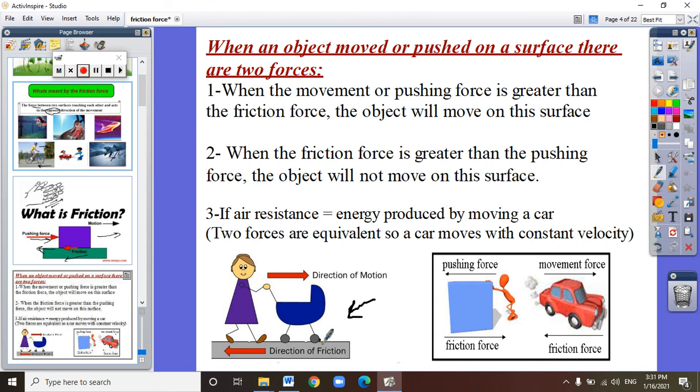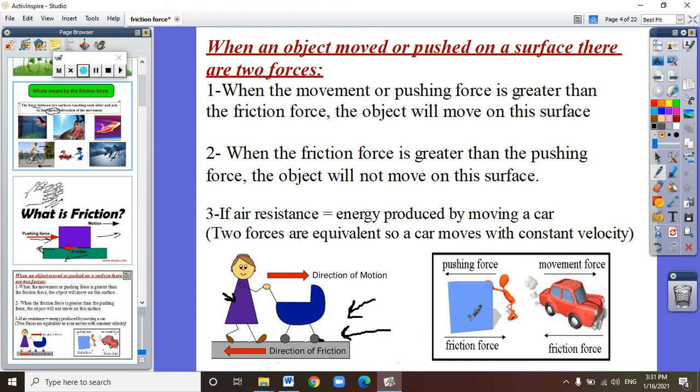The tires of this car are touching the road, so between the tires and the road there is a friction force. When the motion force is bigger than the friction force, we will be able to move the object. Here the motion force of this lady is bigger than the friction force in this direction, so this lady can move the car.